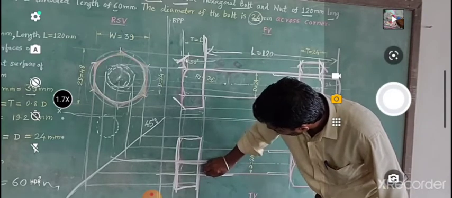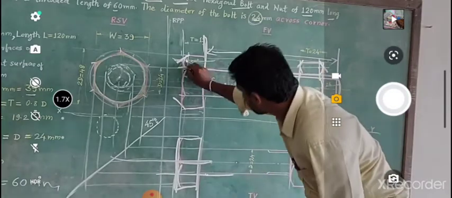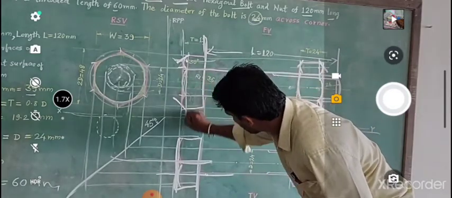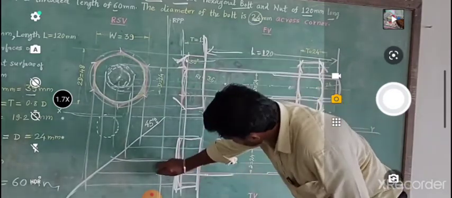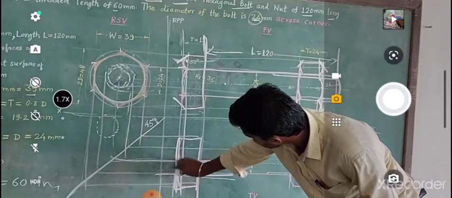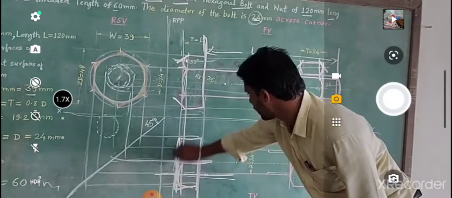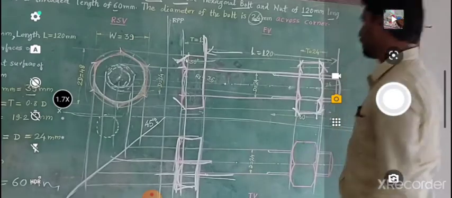Okay, from this point you can draw r, or don't do all that, just project these lines and draw this line here. Take the midpoint and divide this arc, and here also you divide like this. So this will give you the top view of the bolt.